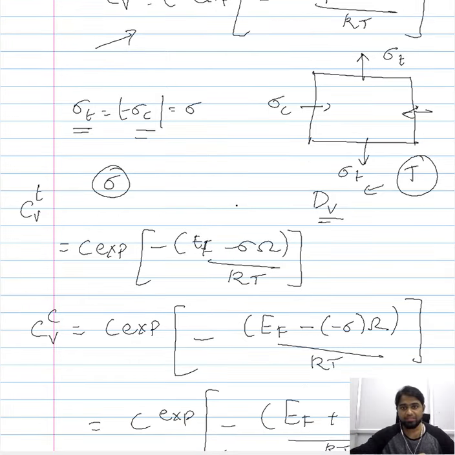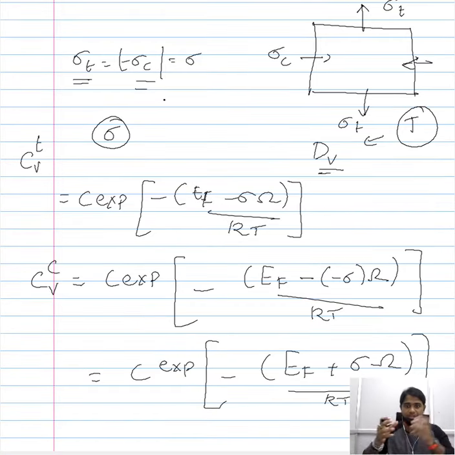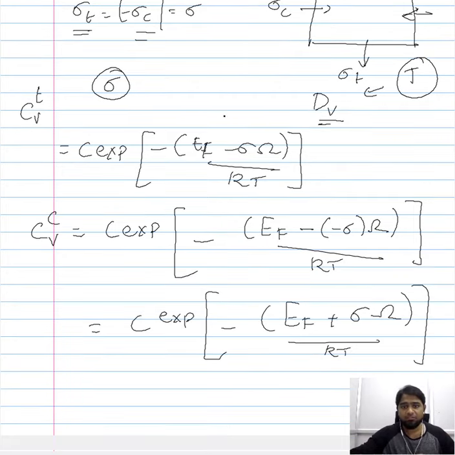So we need to substitute appropriate stress values in this generalized expression. When you assume that the magnitude of the tensile stress and the compressive stress are equal, only the direction varies, then the number of vacancies produced by the tensile stress is expressed by this relation, and the number of vacancies produced by the compressive stress is expressed by this relation.